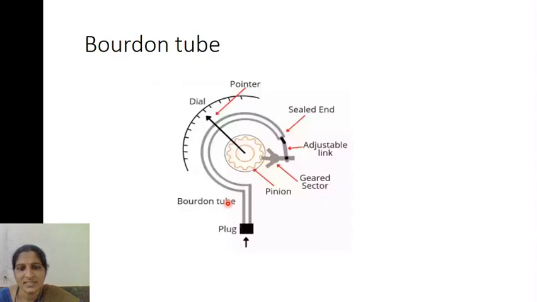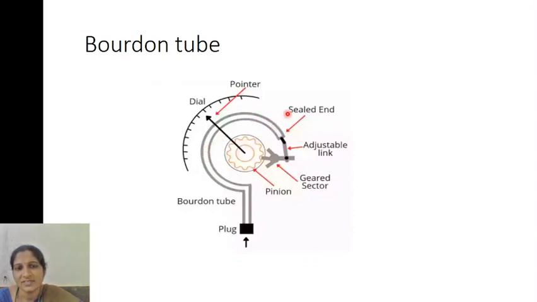Coming to the working principle, the pressure which you need to measure is allowed to flow through this tube. When the gas or liquid enters this pipe, the C-section will stretch.